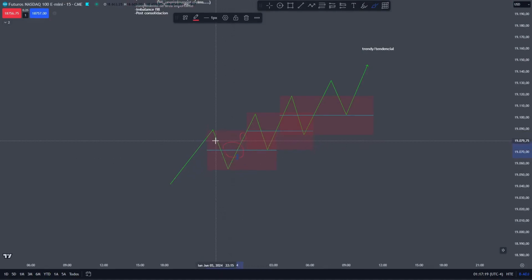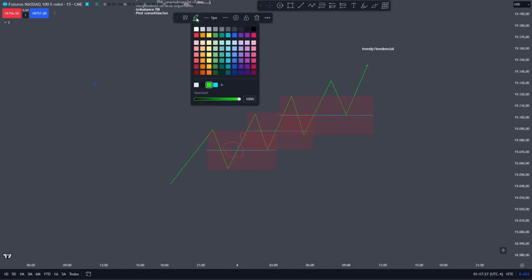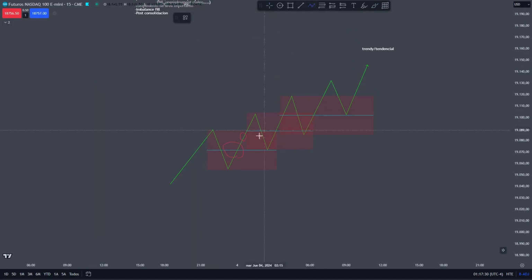Most of the time, with those two, I'll wait for the flip to come around here. The change of structure in the lower time frame that creates the flip, then I'll be able to enter again, aiming for this as a target, and my stop loss will be at the low of the flip.